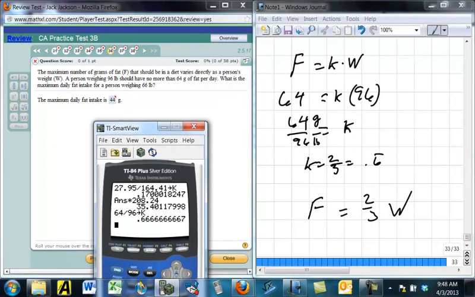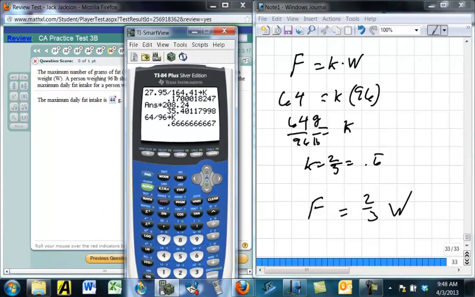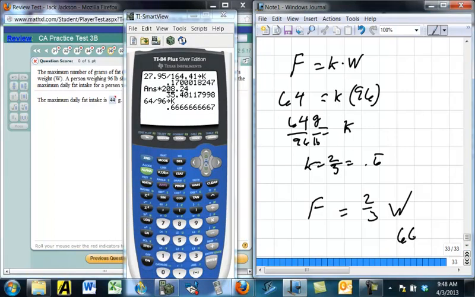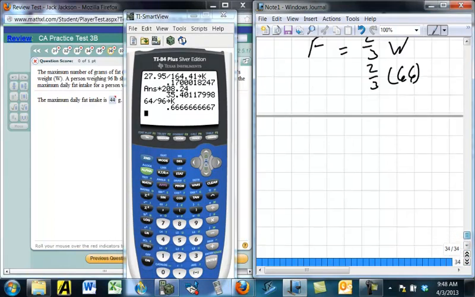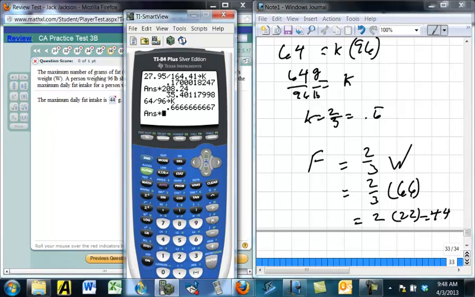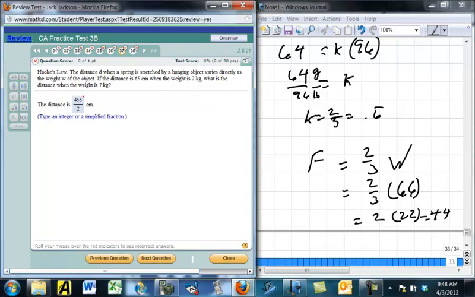So what's the maximum fat intake for a person weighing 66 pounds? Okay, so you just put in 66 here, multiply by 2/3. I can do that without a calculator pretty easily. Let's see, that's 22 times 2 is 44. So 44 grams. Or just take k times 66. That's 44 grams, and so that's the maximum fat intake.